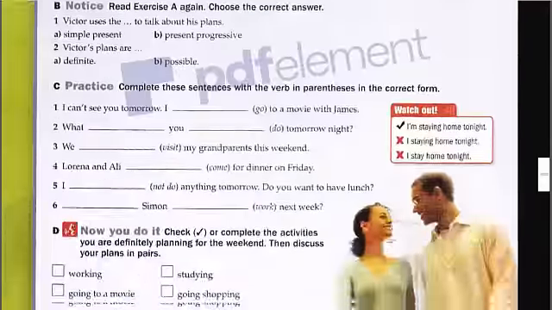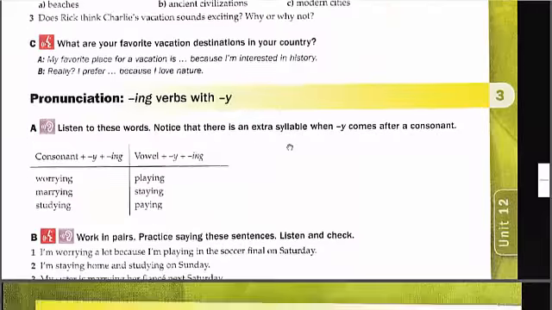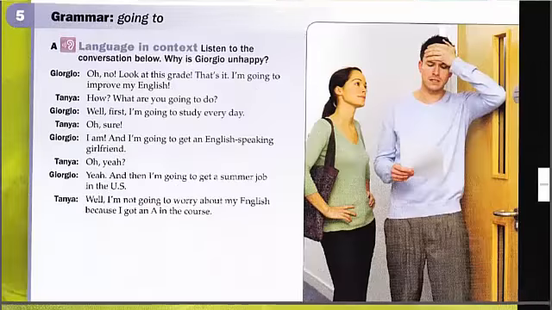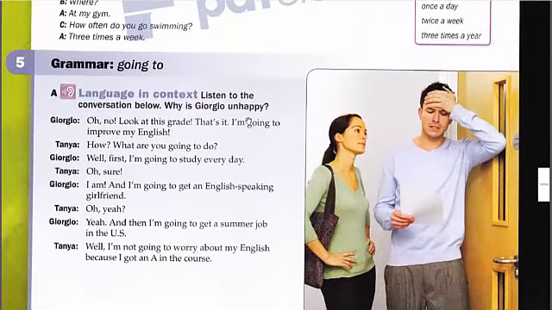And we use be going to talk about arranged, or we can say planned, actions or activities, okay? When we talk about plans or intentions, okay?